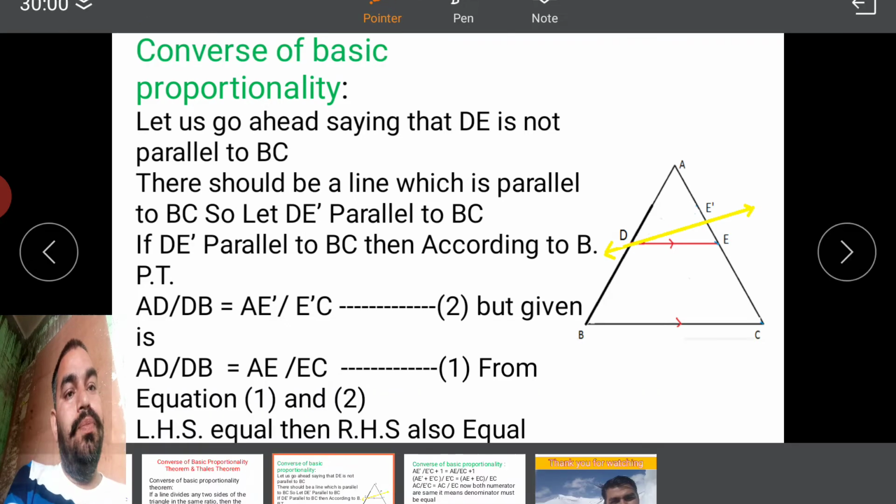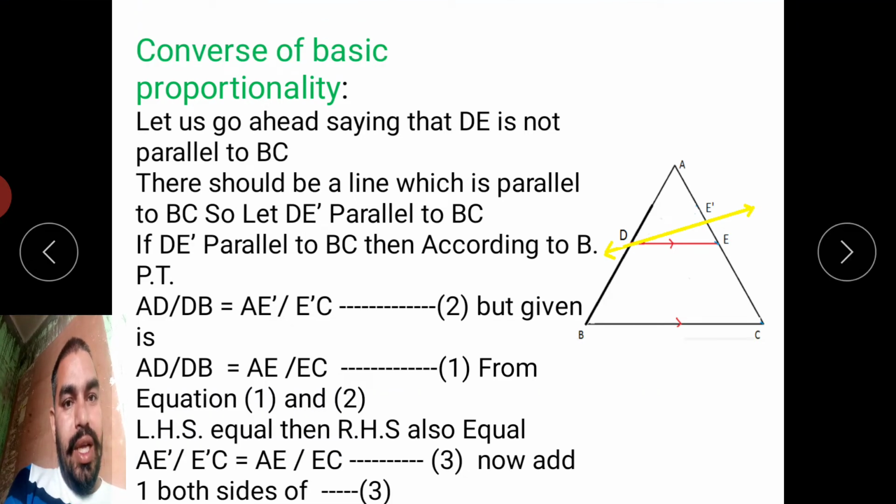So if the right hand side is equal, then AE dash upon E dash C equals AE upon EC. This is equation number 3. Now the point you have to remember: add 1 to both sides of equation number 3.